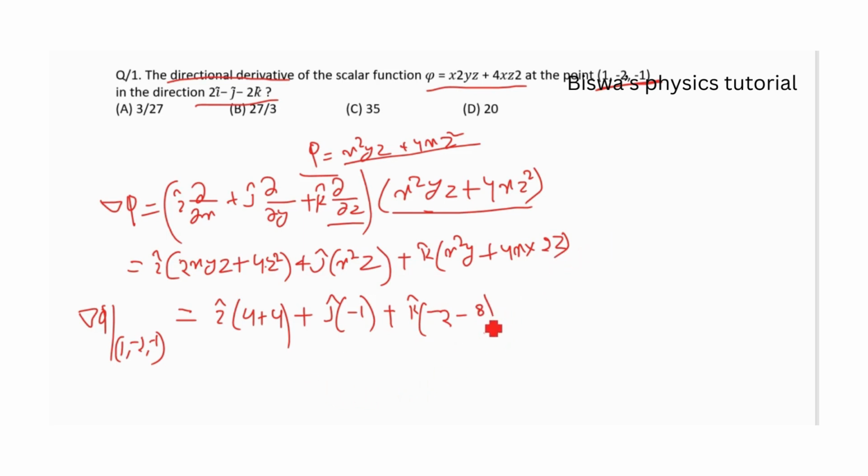So grad phi at this point becomes 8 i cap minus j cap minus 10 k cap. This much is our grad phi.